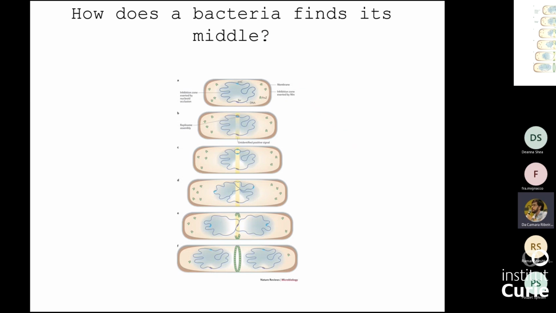Here we have, again, a bacteria. It's growing, so integrating more and more carbon and producing new molecules. So that's what we see here. Starting from a small bacteria, we come up to a large bacteria, and now it's time to divide into two bacteria, right? And before the bacteria divides, it needs to decide where to put the boundary between the two new cells, right?